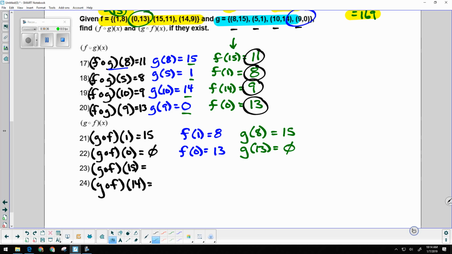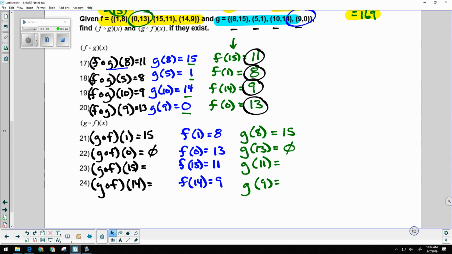23 and 24 I'll do together. So f of 15 is equal to 11, and f of 14 is equal to 9. That takes us to the g function, so g of 11, what's that equal to? And then g of 9, what's that equal to?